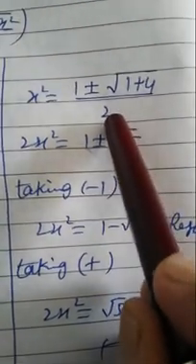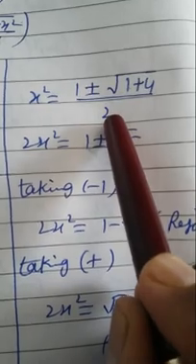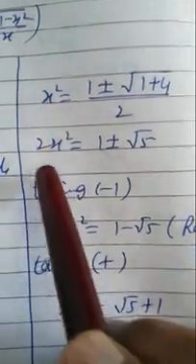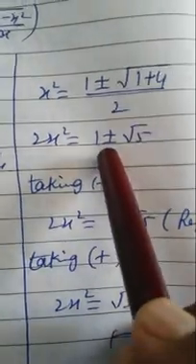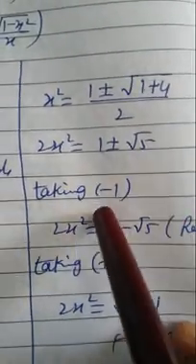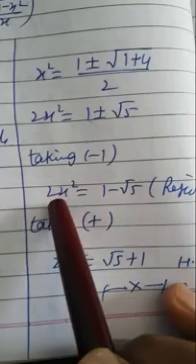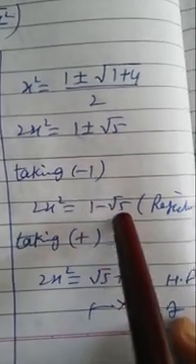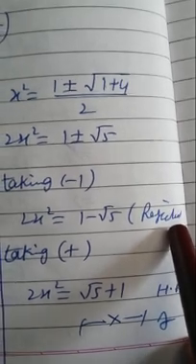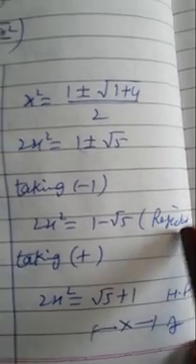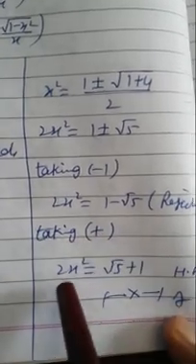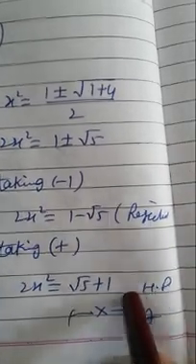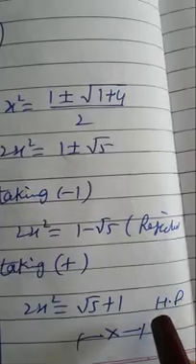So multiplying the 2 from the denominator of RHS to LHS, 2x square is equal to minus 1 plus minus under root 5. Taking the minus sign, 2x square is equal to minus 1 minus under root 5. This is rejected because we don't have this answer. But if we take the plus sign, we get 2x square is equal to under root of 5 minus 1. This we have to prove.